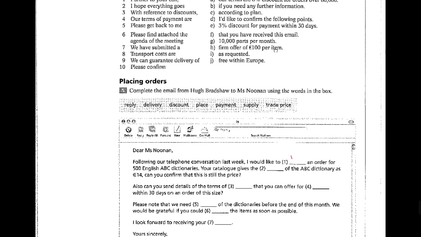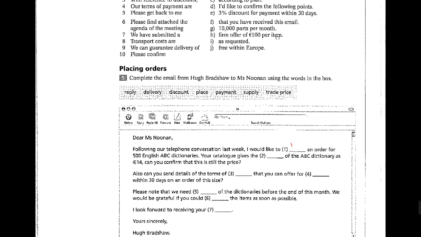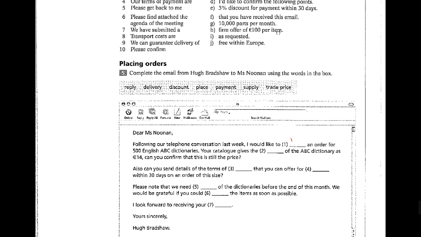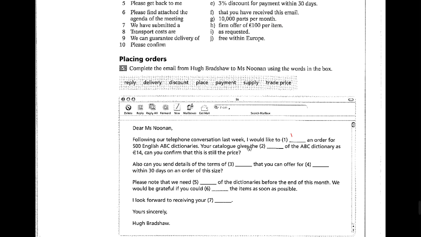Now, placing orders. Let's complete this email together. And then you are going to do a similar email like this in exercise number 6.